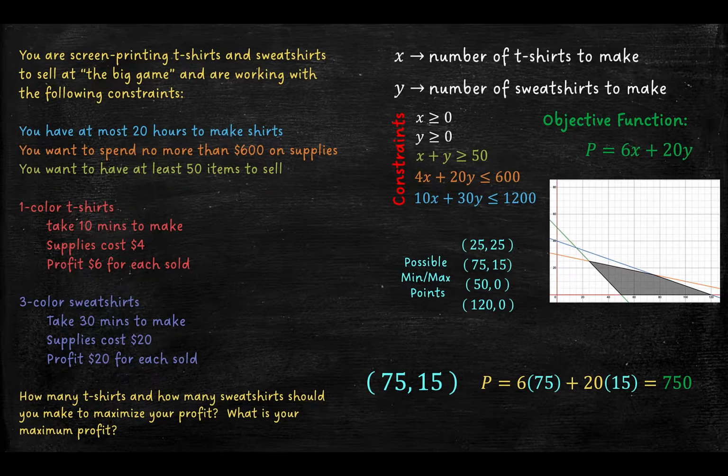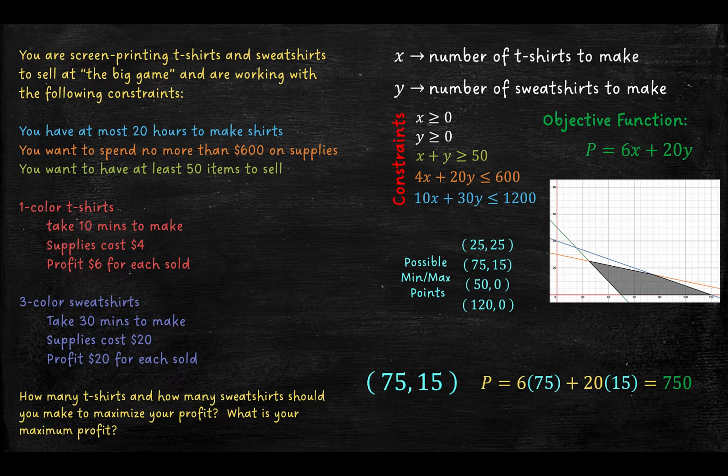Now, looking at this thing, where do we start? Where are we now? We had our description of our problem with all those written constraints about time, money, and how many items we have to sell. We wrote out a series of constraints, made them graphable by changing them into slope-intercept, and plotted them, gave us a feasible region, the vertices of which we calculated and listed as possible min or max points.